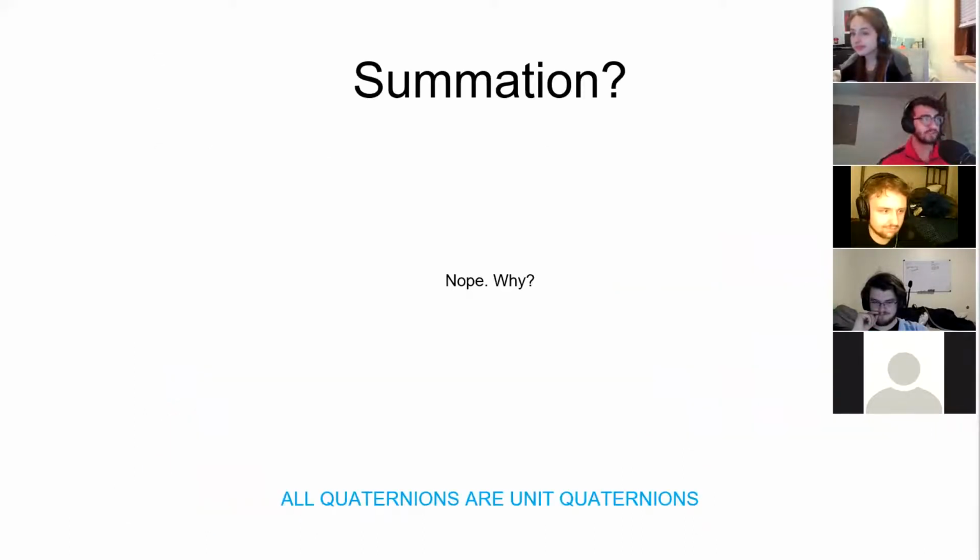And then something to think about is summation and why doesn't it work? After all, you can add vectors and you can add scalars together. But remember that all quaternions are unit quaternions, so if we add them together, that would no longer be the case and they lose a bit of their meaning. I don't really have a great explanation without diving deeper into the mathematical concepts, but think of it like adding two direction vectors.